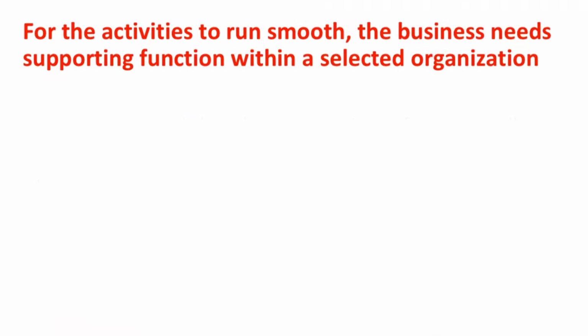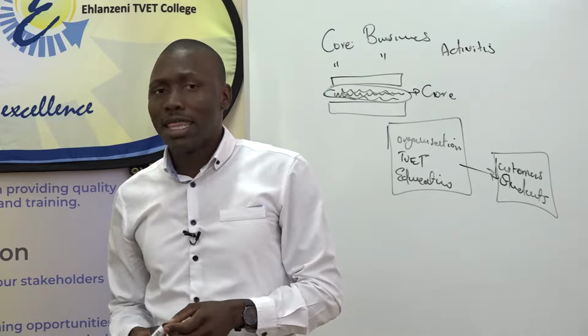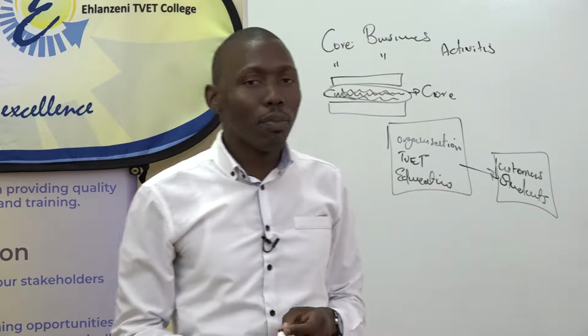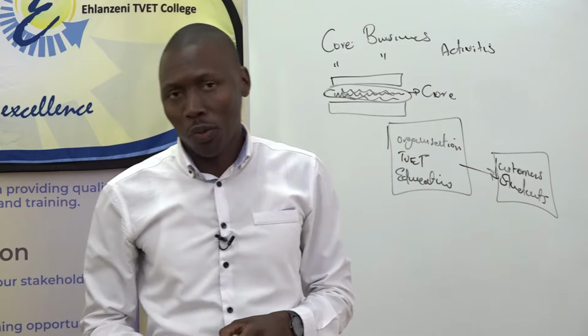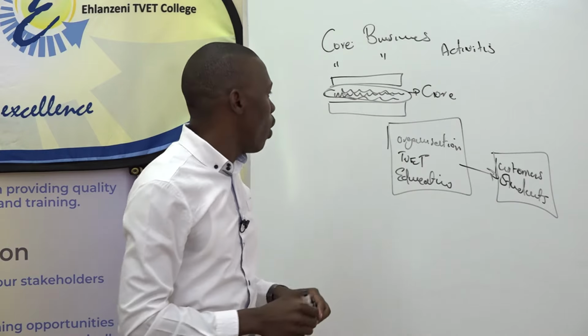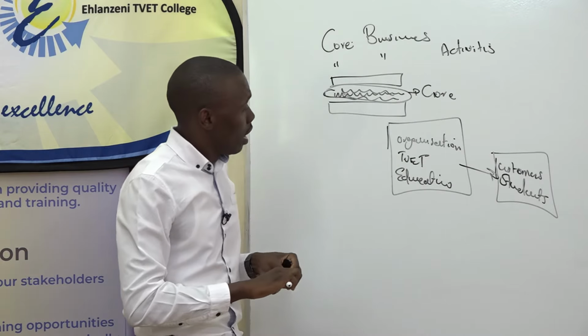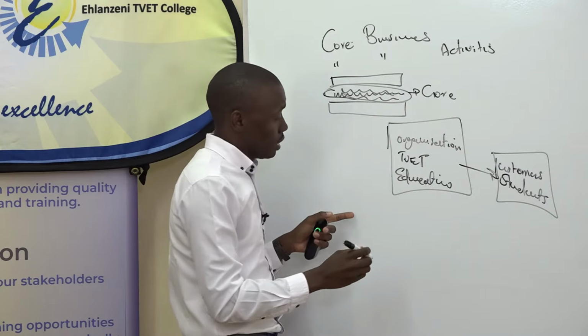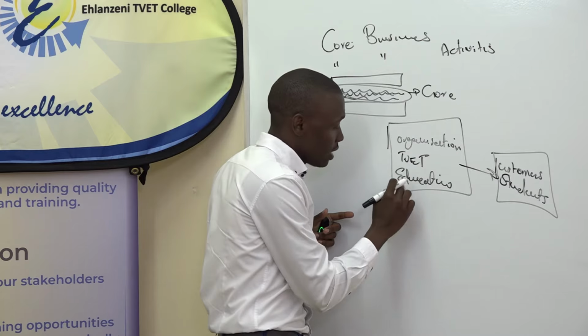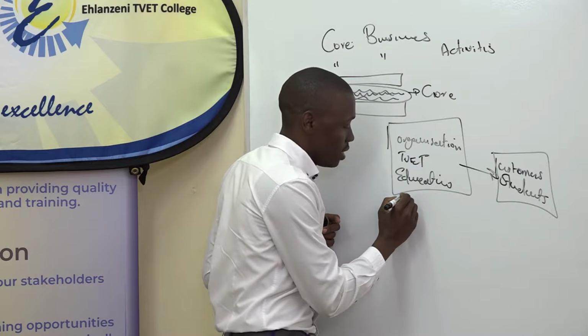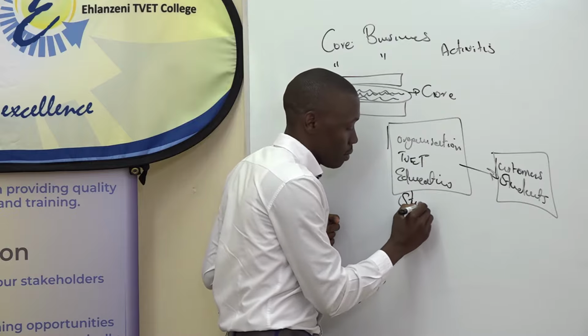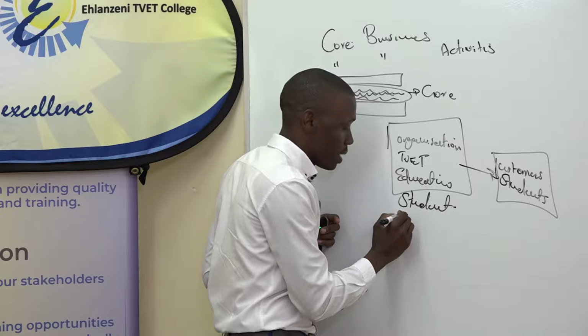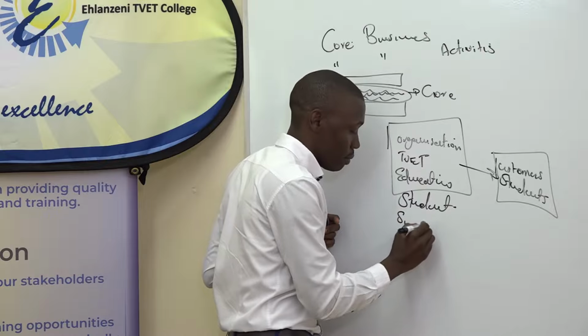Now, for the core business activities to run smoothly, the business needs supporting functions. Remember we spoke earlier about stakeholders, where we said, as a college, we need students, and we also must have supporting staff.